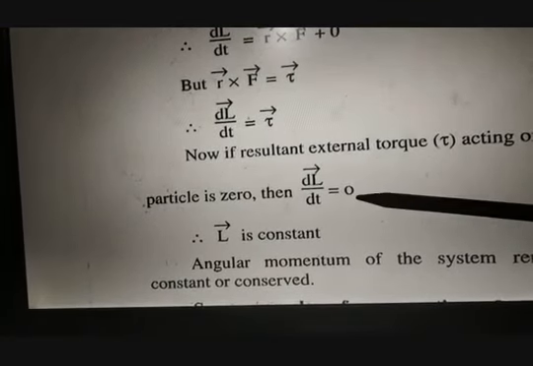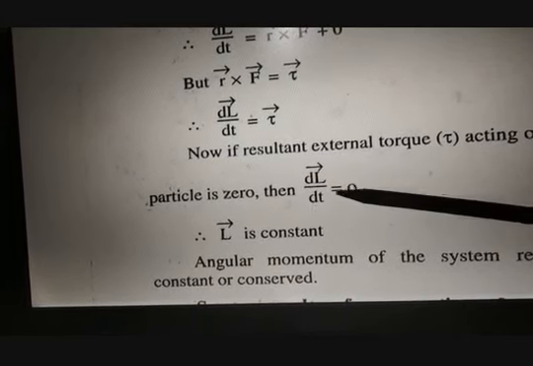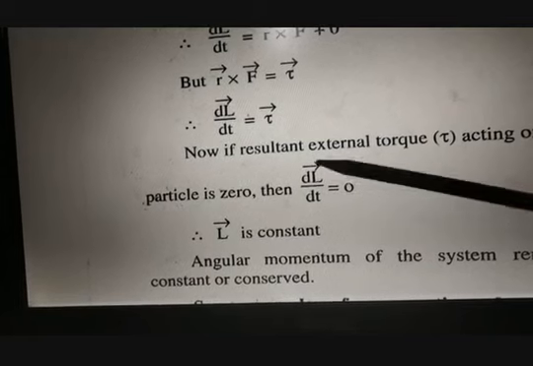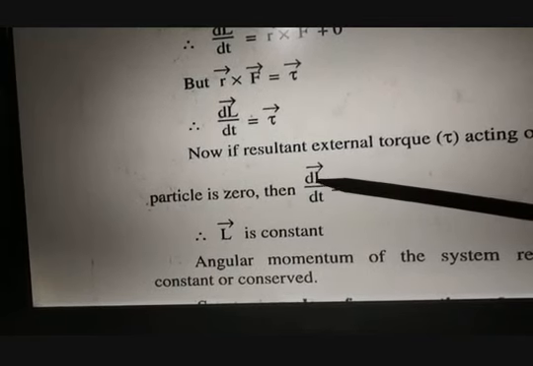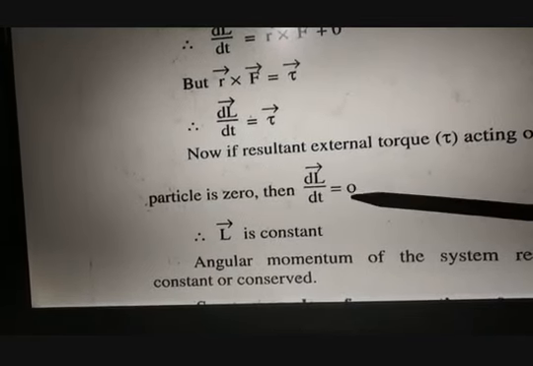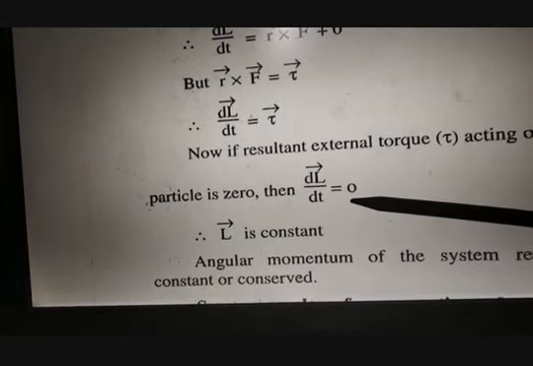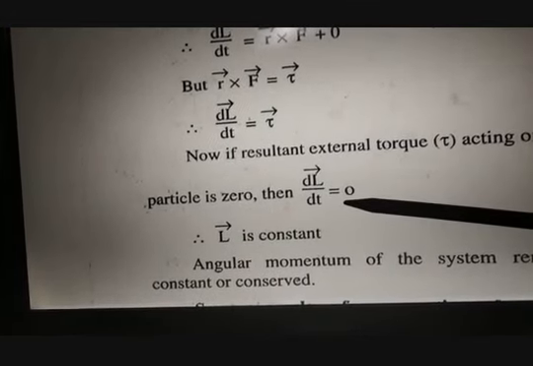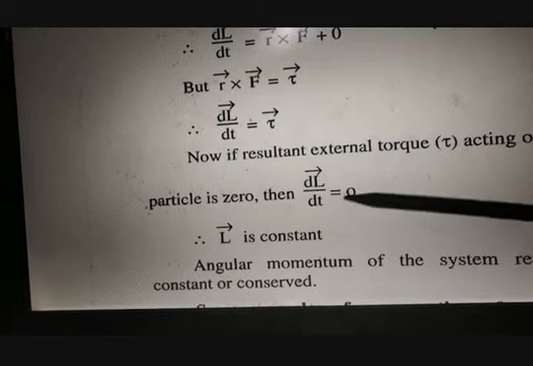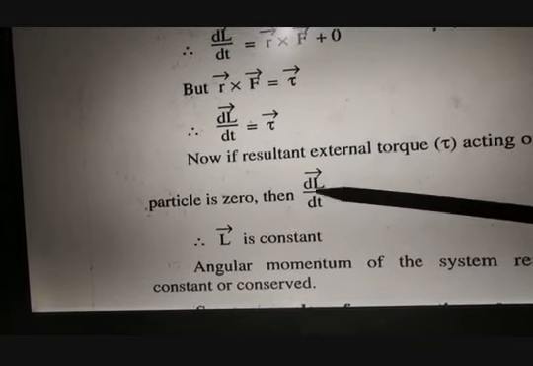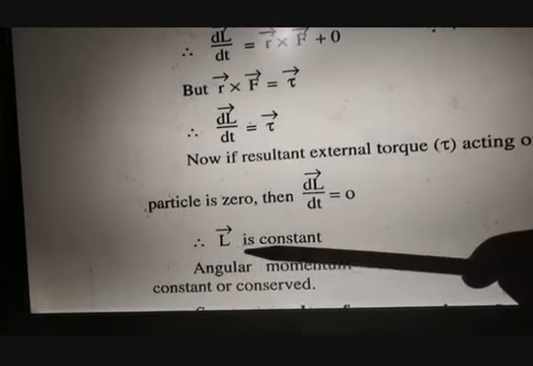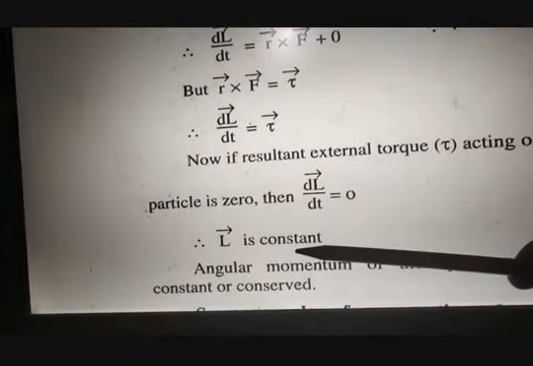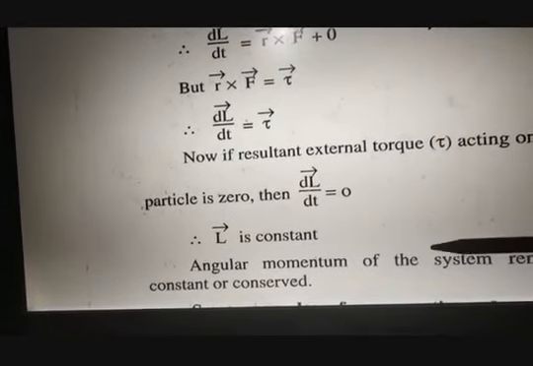Any quantity whose derivative is 0 means that quantity is a constant. Here we have used the property of the derivative. Once again, any quantity whose derivative is 0 is constant. Therefore you can write L is equal to constant. This is what we had to prove.